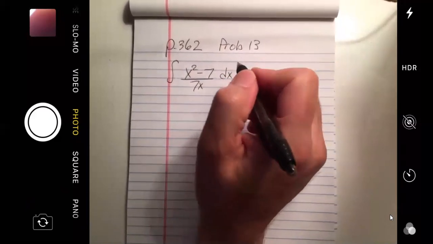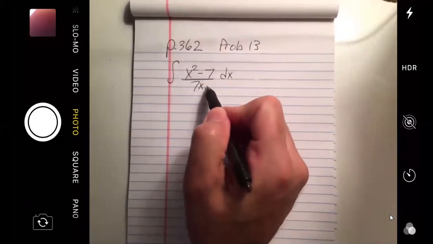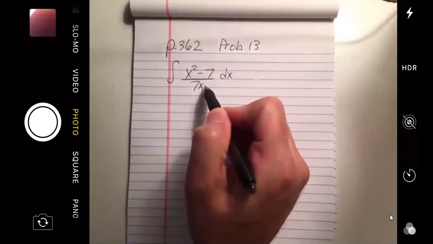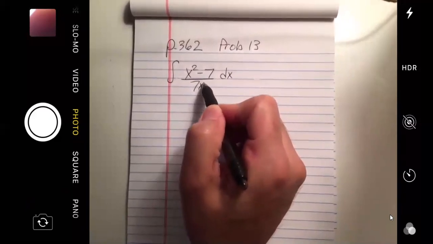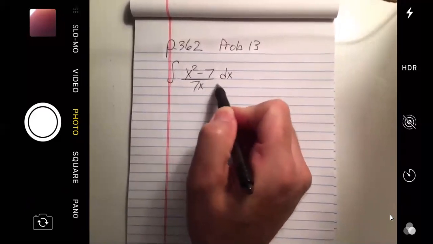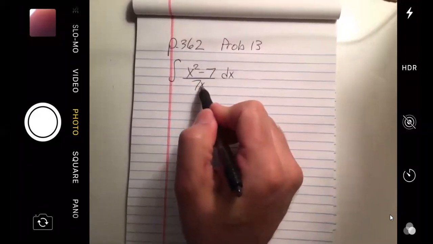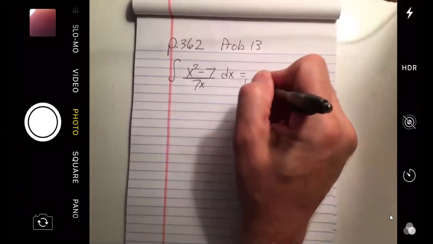As a general rule, if your power on top is bigger than the power on bottom, as in the case here, that usually signals long division, unless there's only one piece. If I'd added or subtracted something on the bottom, I would have to do a long division. But with one piece, you can just easily divide out. I'll write it out slower.